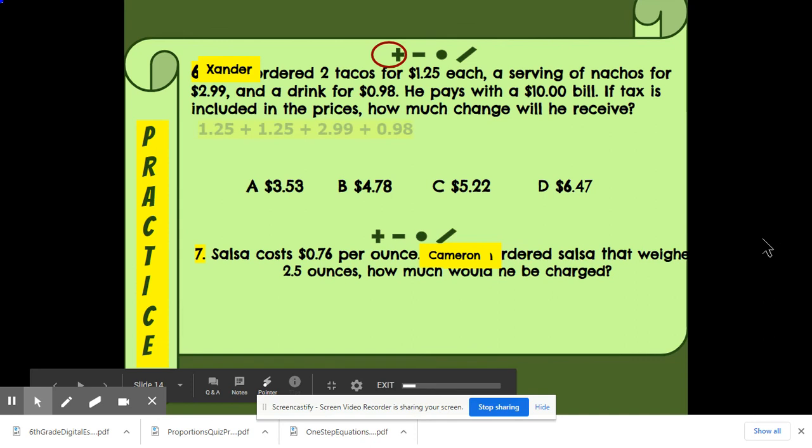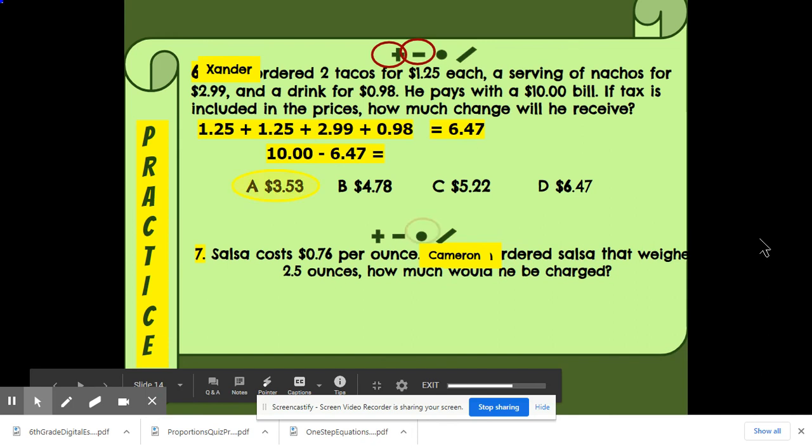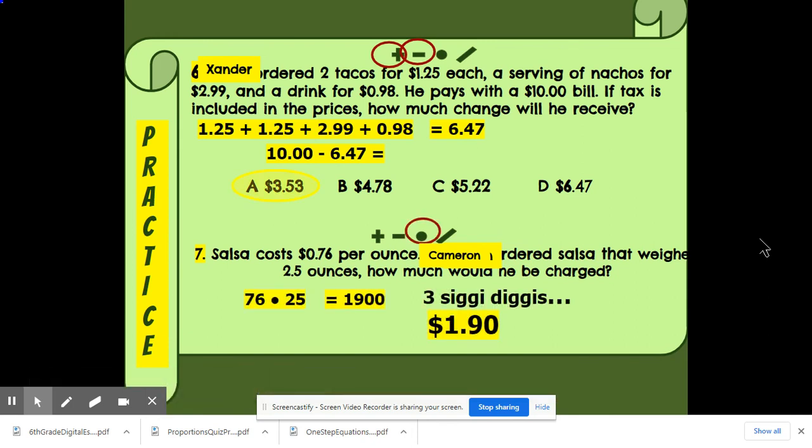And if you're ready to check 6 and 7, there you go. Okay, tomorrow we'll be doing decimals in a donut shop.